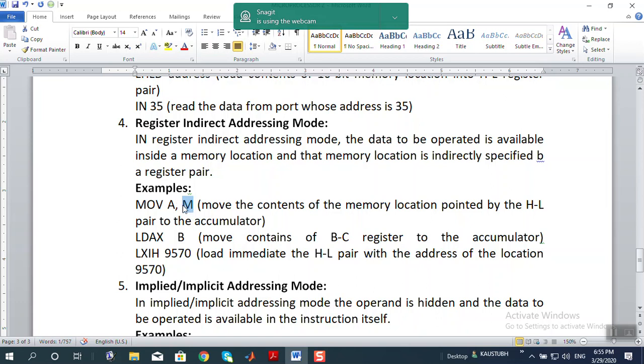So you are indirectly specifying the memory. That is why it is register indirect addressing mode. Wherever you see M in any instruction, that is register indirect addressing mode.